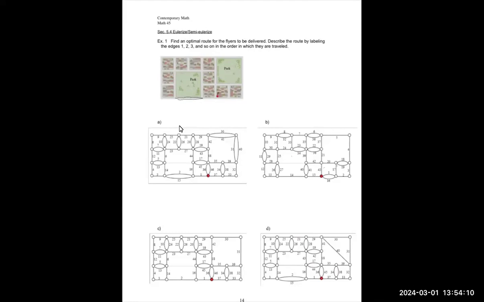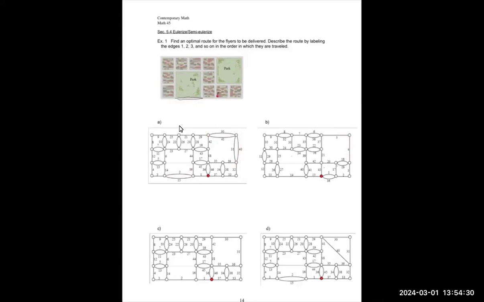And in every single one of the answer choices, A, B, C, D, the streets around the parks that I did not include in my graph on the last problem, they have included them.